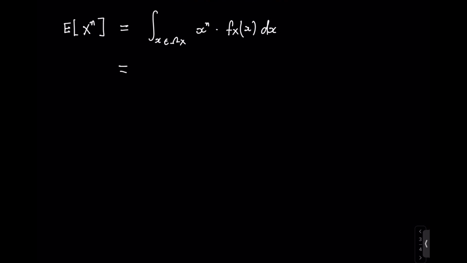This then becomes, with terminals 0 to infinity, x to the power of n multiplied by beta to the alpha over gamma of alpha, x to the alpha minus 1, e to the negative beta x dx.